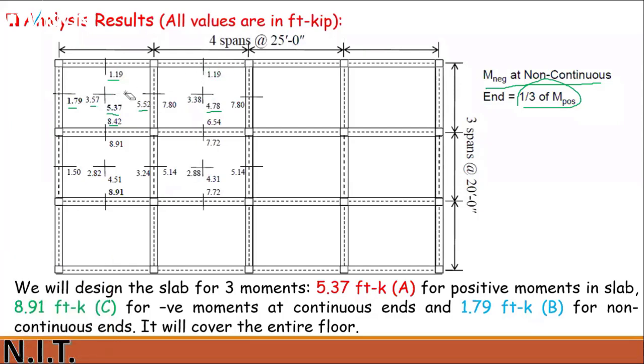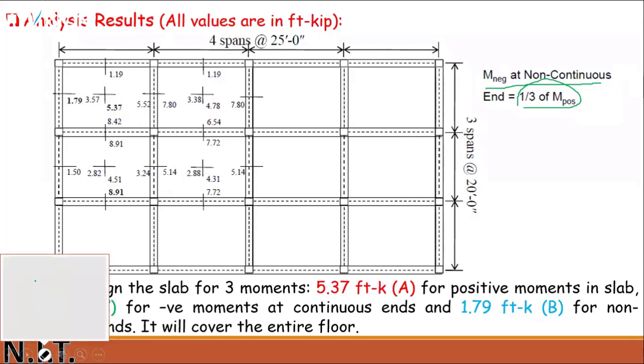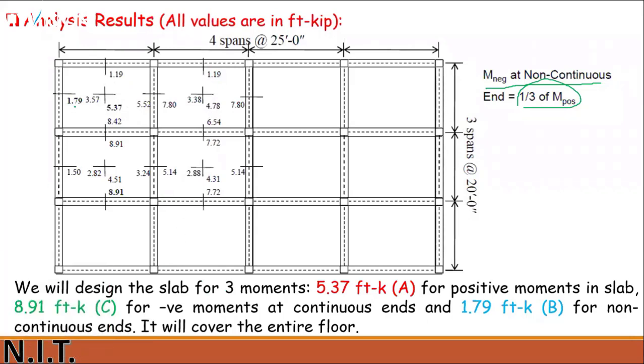Once you put all these values in this diagram, you have to select only 3 values to design. What are those values? From these negative moments at the non-continuous end, which value is bigger, 1.5 or 1.79? So I will select 1.79 because the design will be for the bigger value.